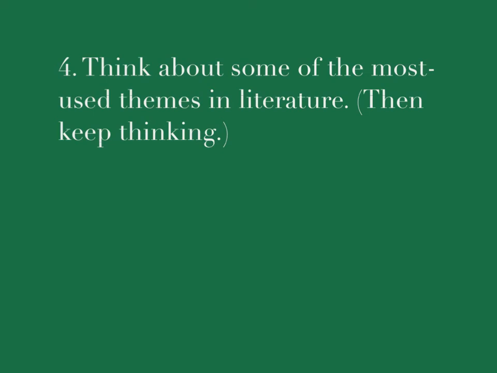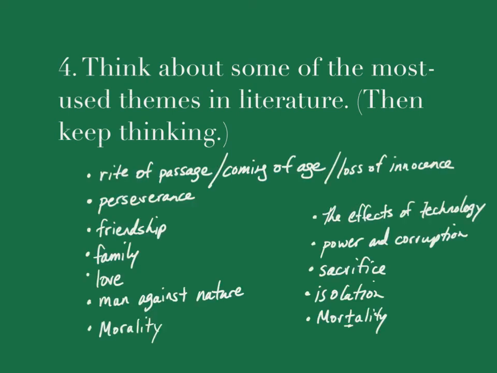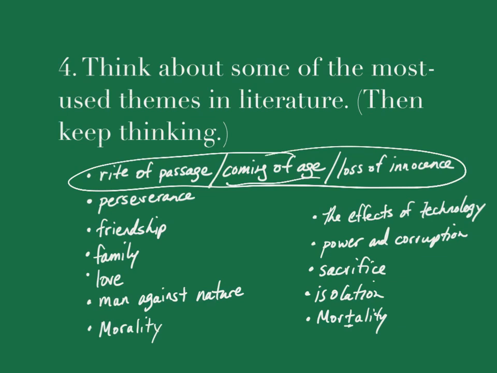A very abbreviated list of those classic themes would be things like rite of passage, coming of age, loss of innocence. They're all kind of wrapped up together. The idea of maturing, getting older, seeing the world for what it really is, losing your innocent view of everything. You're coming of age, you have a more adult perspective. That's a classic theme of especially teen literature.